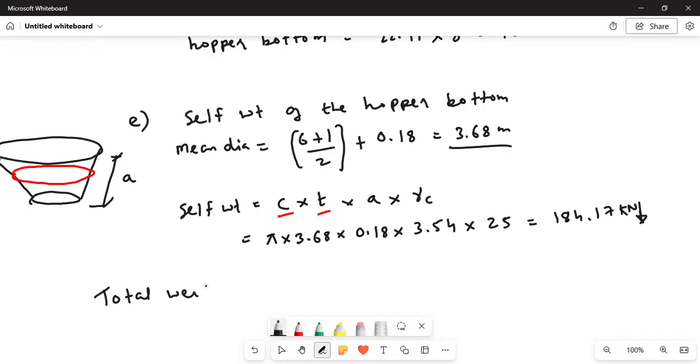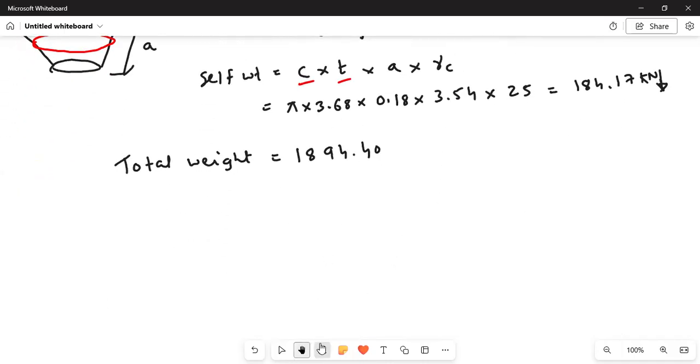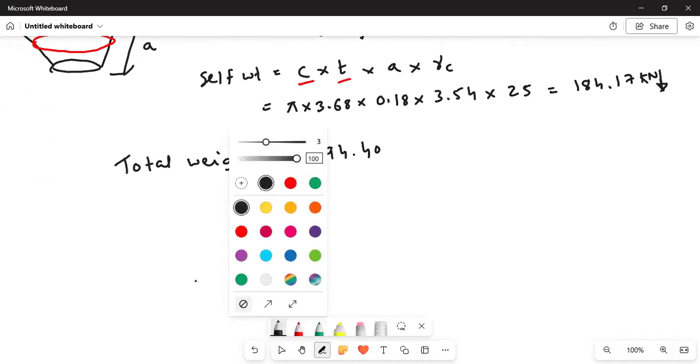One thing you need to note here, the frictional force will be in minus because that is vertically upward and that is resisting the load. The frictional force is resisting the load. So total weight is coming as 1894.40 kilonewton.